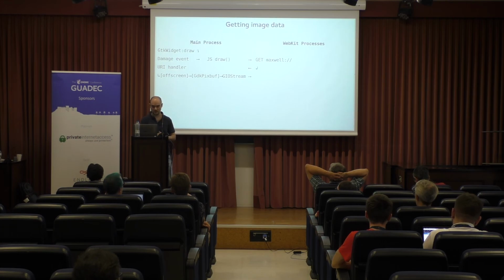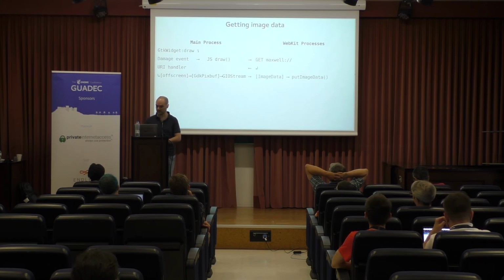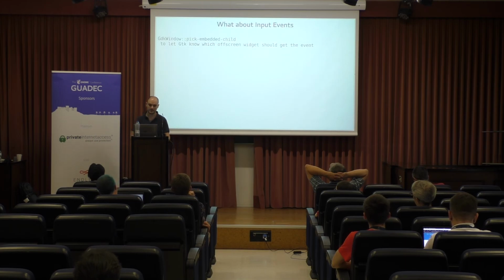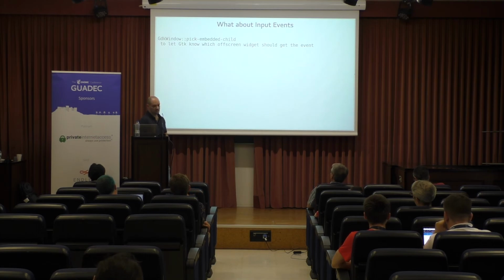That's how the handlers are implemented, and that's how the WebKit network process reads from memory. It reads using that stream, and then, like I showed in the previous example, that's turned into image data that you can use with the putImageData function. So that covers how to get image data inside the web view.